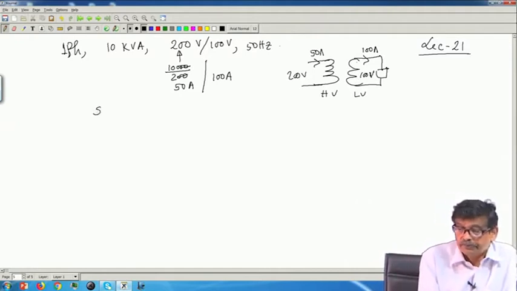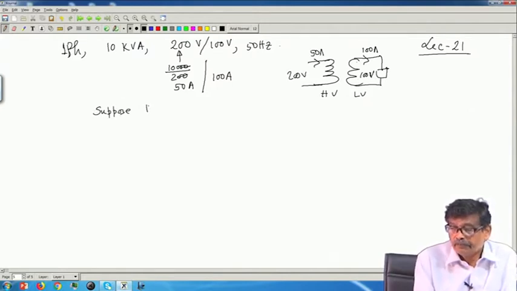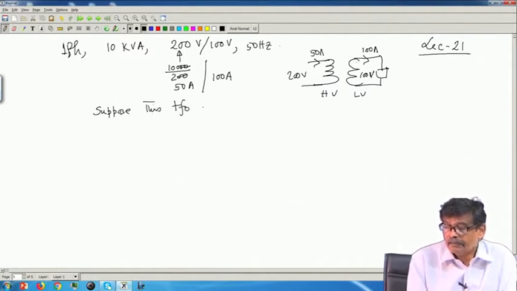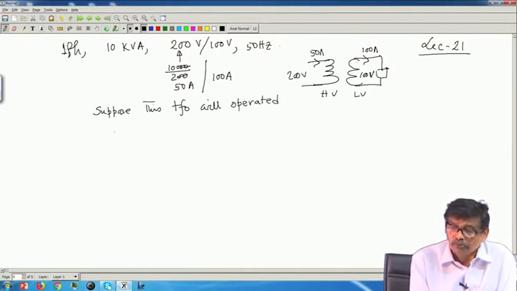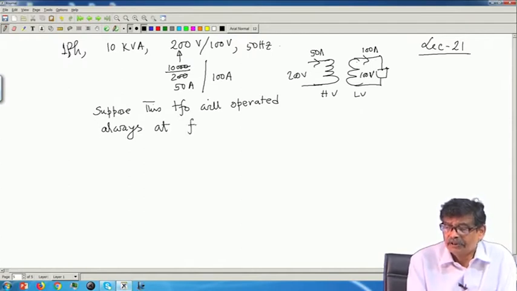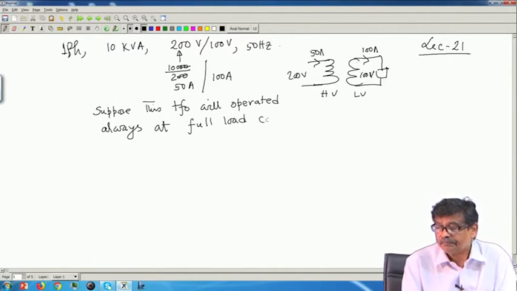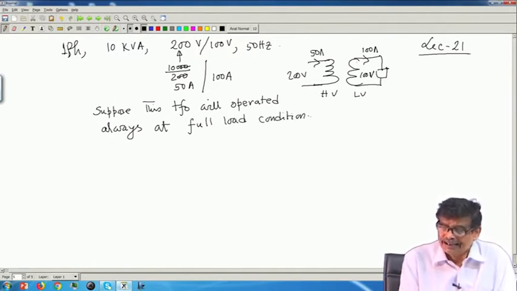Suppose this transformer will be operated always at full load condition, and that is what is expected.